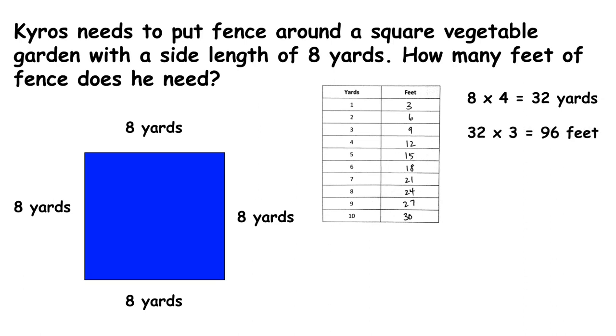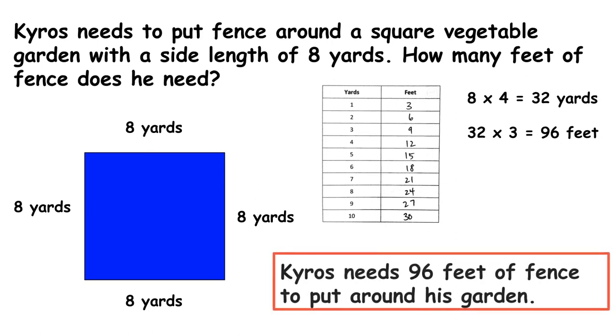Let's multiply 32 times 3 to get 96 feet. It's a word problem, so I need to answer it in a sentence. Kairos needs 96 feet of fence to put around his garden.